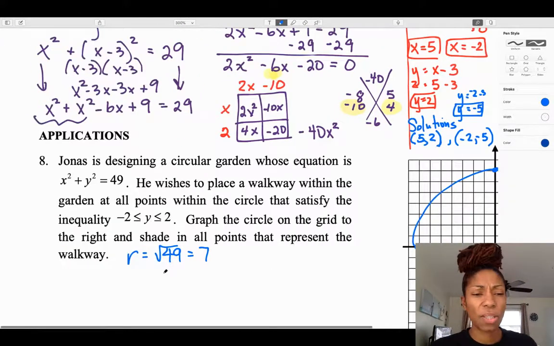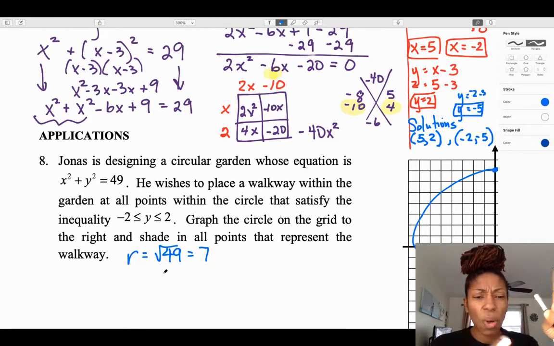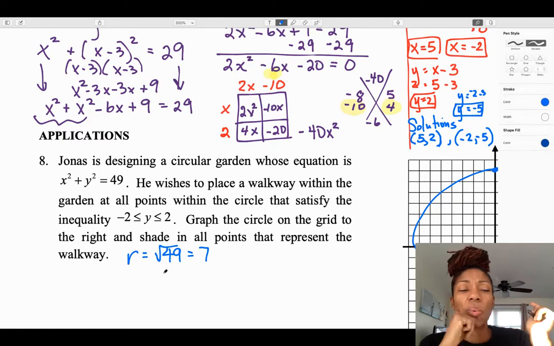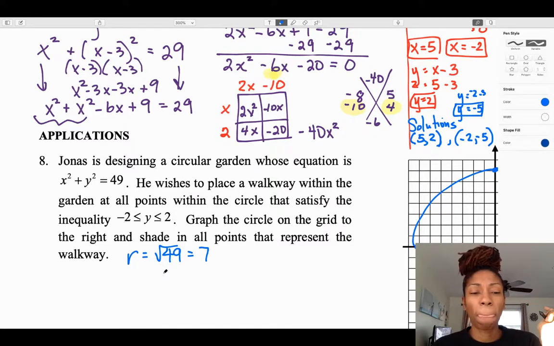Okay, so now this walkway. He wishes to place a walkway within the garden at all points within the circle that satisfy the inequality that y goes from -2 to 2. Graph the circle on the grid to the right and shade in all the points that represent the walkway. y from -2 to 2.